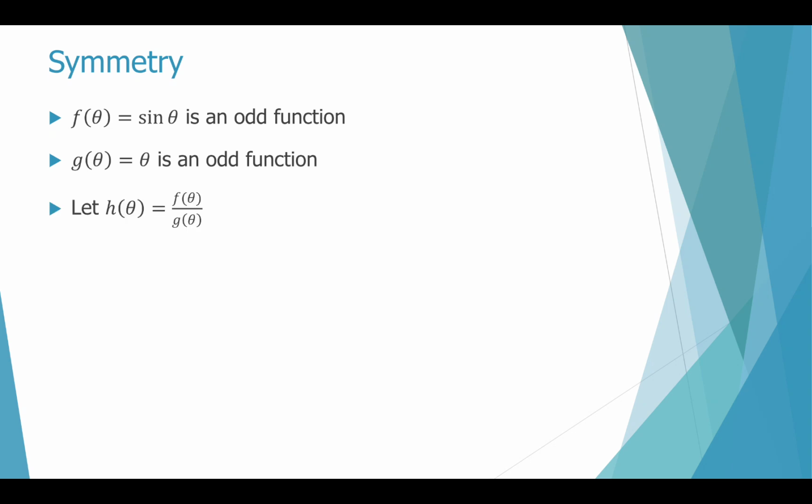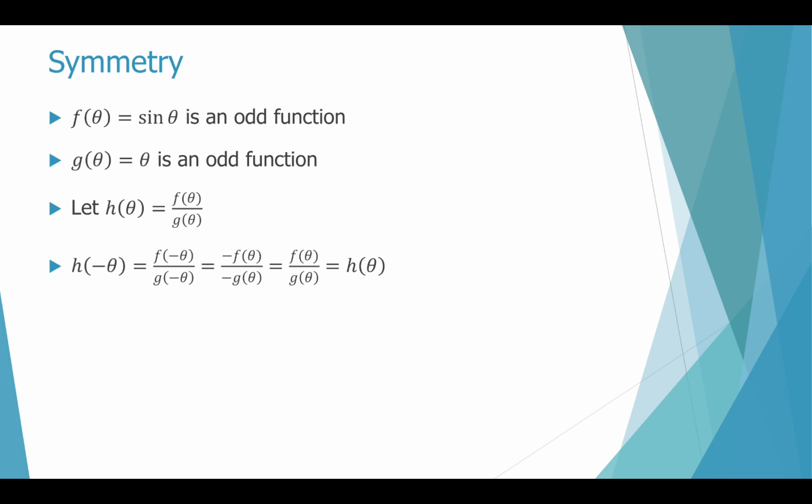So if we let h of theta be f of theta over g of theta, then if I plug in, another property is that if I plug in a negative theta, I should get a negative version of the function. Well, when we plug negative theta in here, I get f of negative theta, which is the same thing as negative sine of theta.